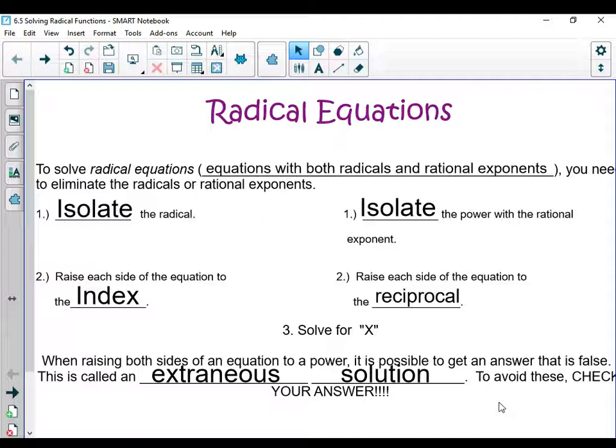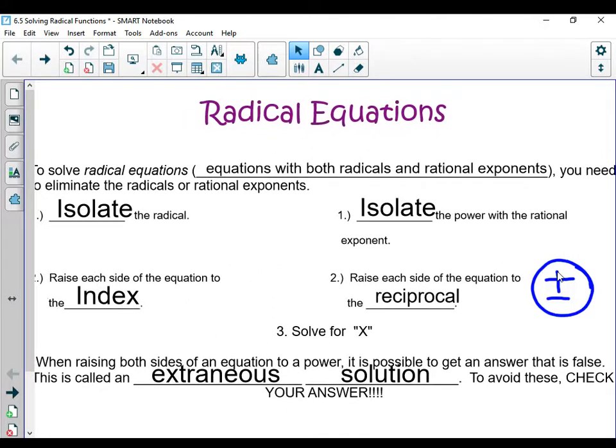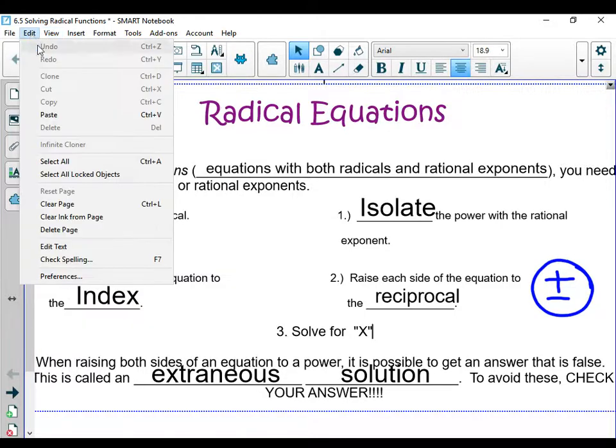Something in particular we need to keep in mind is that we have to use a plus or minus, and I'll get to that in a little bit. And then both methods that you'll come across, oops, I thought that I could move that by itself, but I couldn't. We're going to solve for x then.